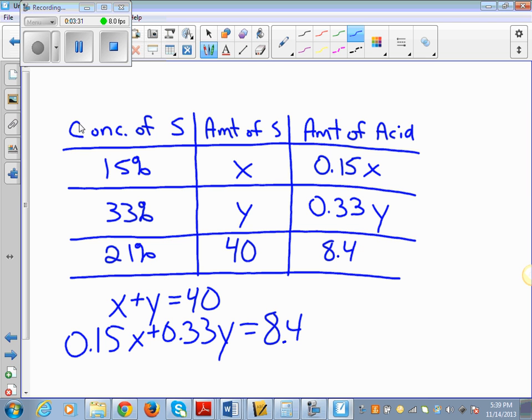And those are the only two places that our acid's coming from, so they have to equal 8.4. They have to equal the total amount in our end solution.